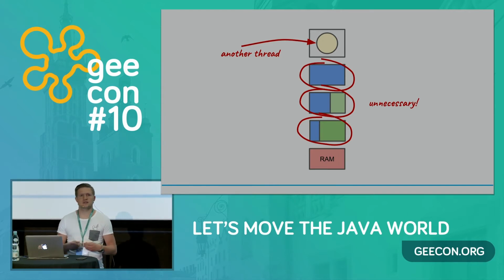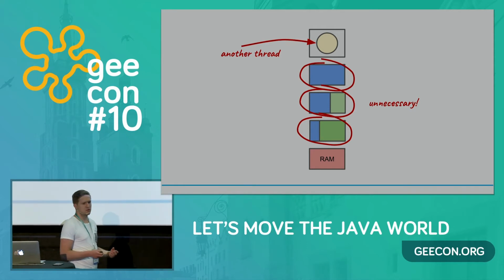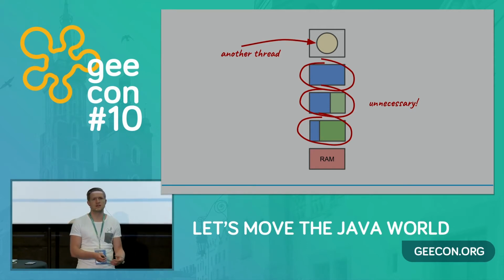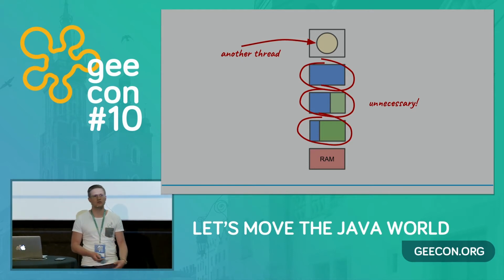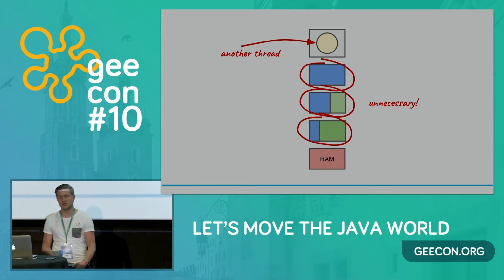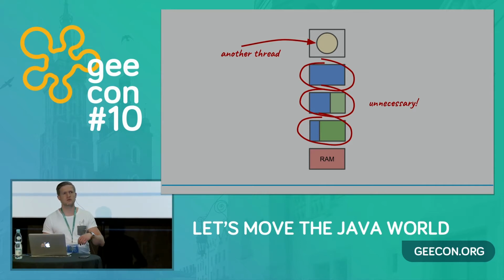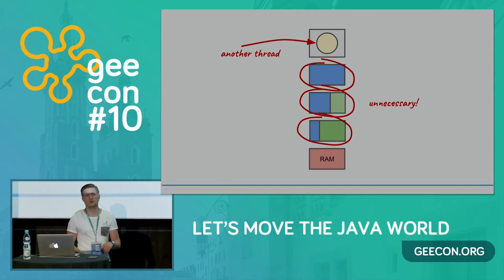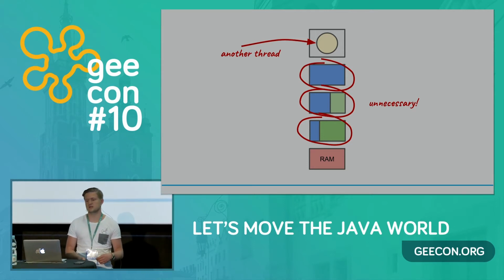It doesn't help us anymore because this is a new thread. It has its own working set. So it will have to fetch all the data it needs to operate from the main memory, once again. And as you've seen, main memory, RAM, is really, really slow. It's 2 orders of magnitude slower than the L1 and L2 caches.